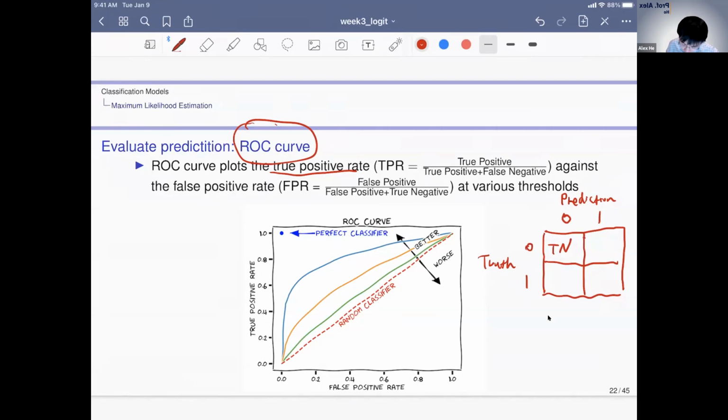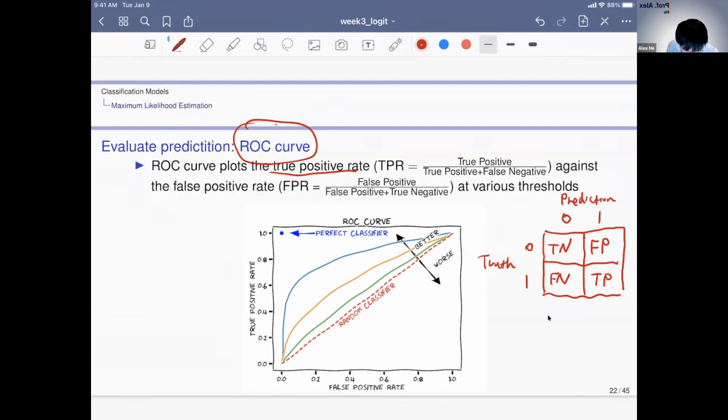We call that a false positive, because we found a positive, but it's actually false. When the truth is 1 and the prediction is 0, we have a false negative. And then we have a true positive if both are 1.